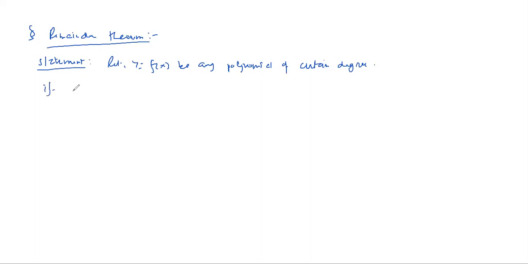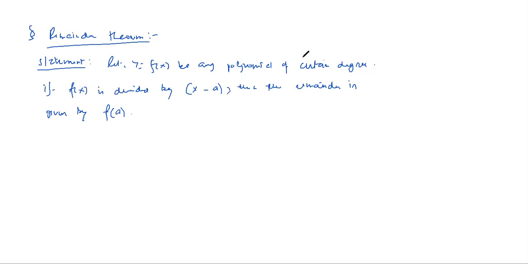If f(x) is divided by x minus a, then the remainder is given by f of a.